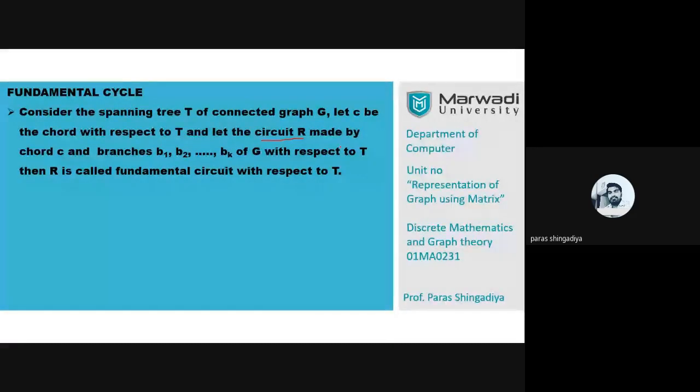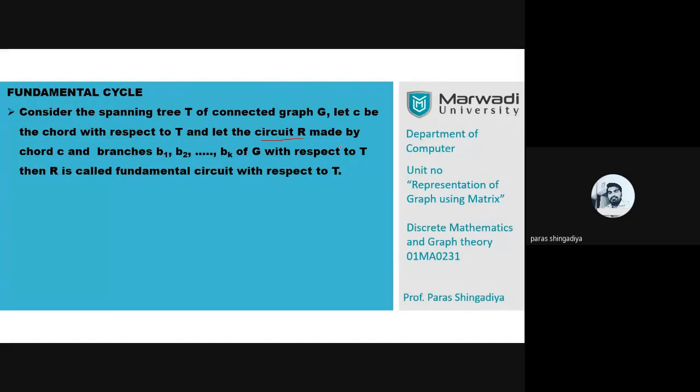The edges should include only one chord and the rest of the edges should be branches. Using this, can we make one circuit? That circuit is known as a fundamental circuit, which includes only one chord and the rest of the edges are branches.